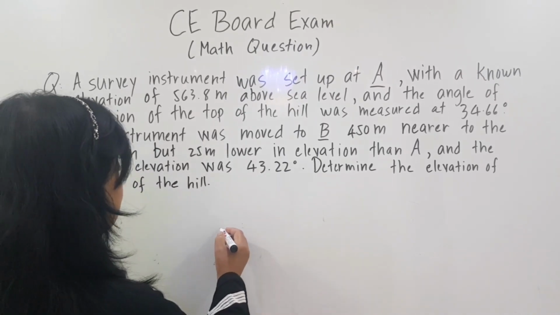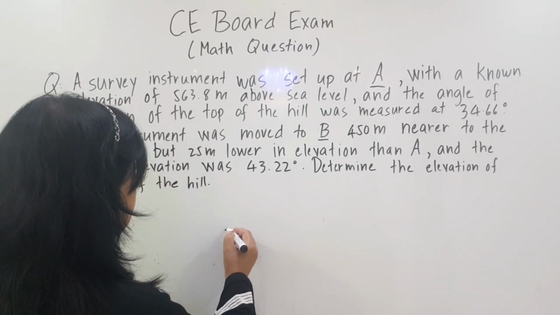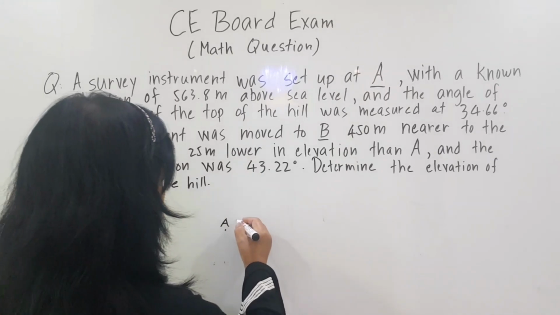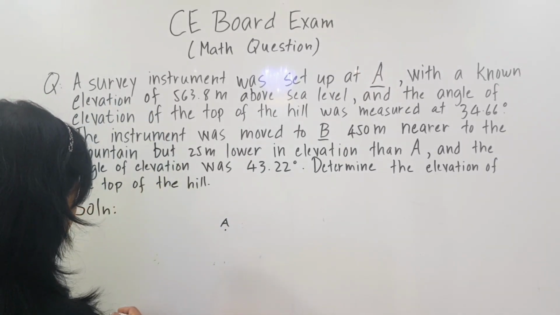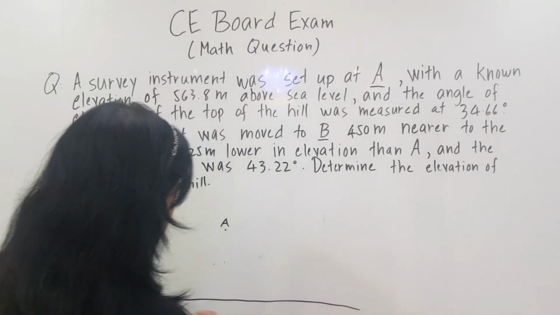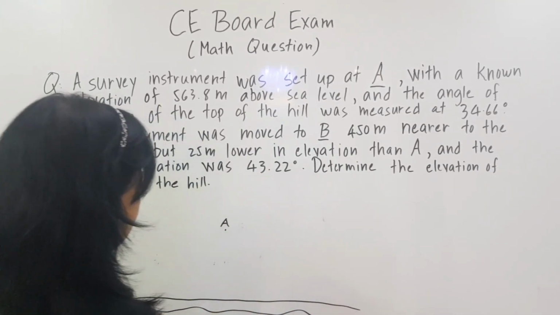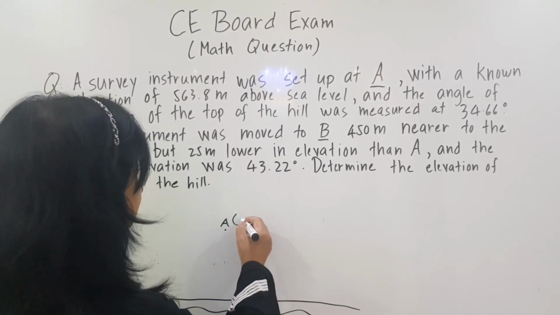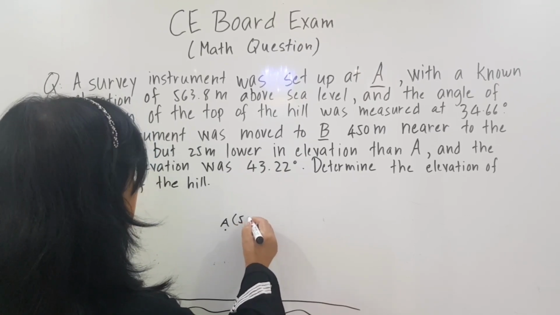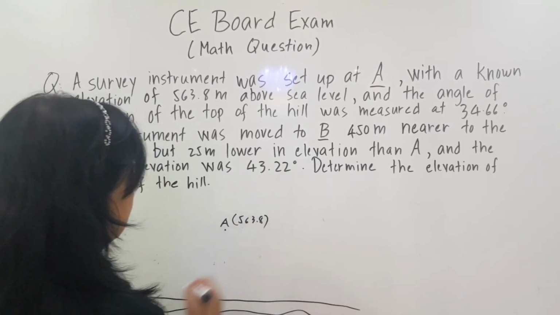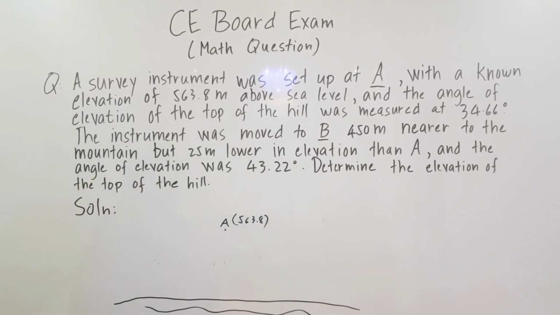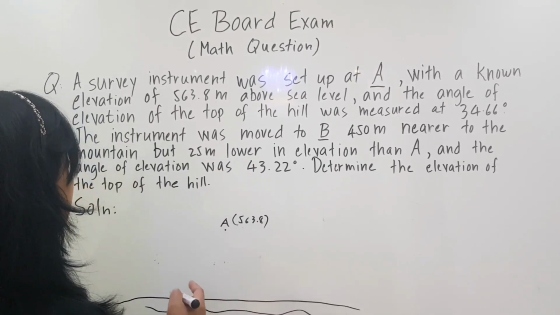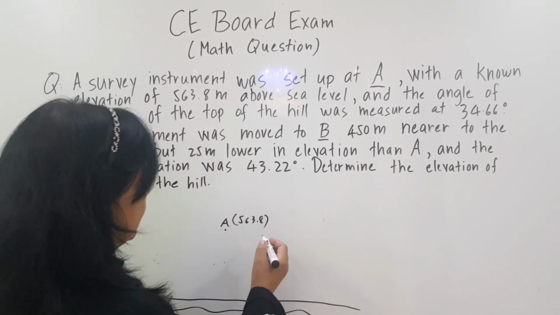The instrument was set up at A. For example, if this is point A, with a known elevation of 563.8 meters above sea level, if we designate this as the sea level, then from here to here the elevation is 563.8 meters above sea level.